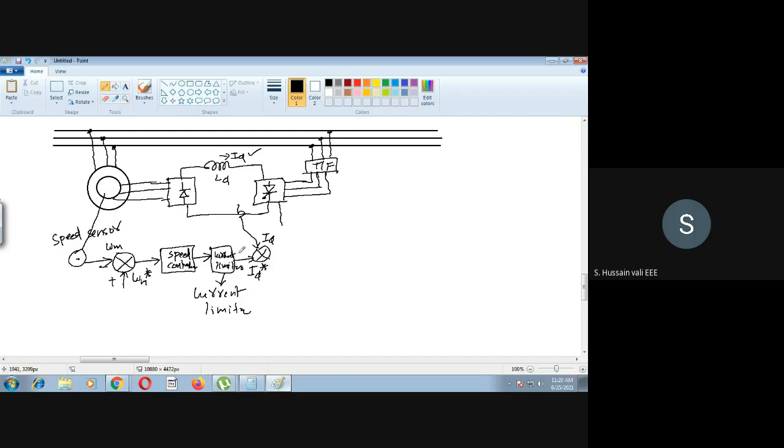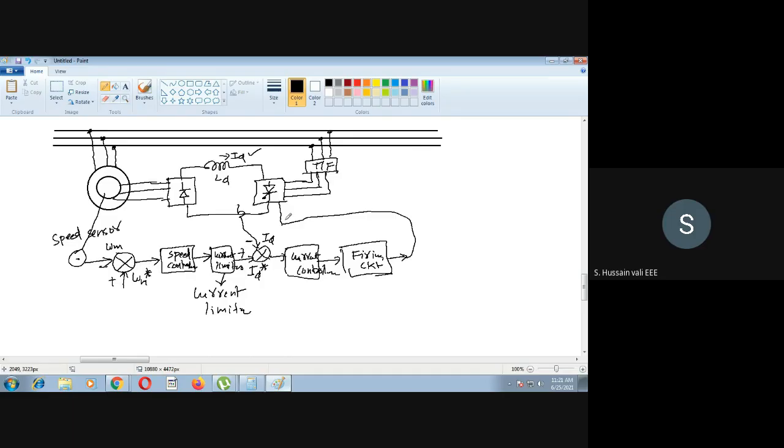So this is plus, whereas this is minus. Then once again you may have some error, and that error goes to the current controller. Then based upon the command from the controller, you have the firing circuit for the thyristor. So that goes here. That's it. This is the closed path. This is the closed loop control of the static Scherbius drive.